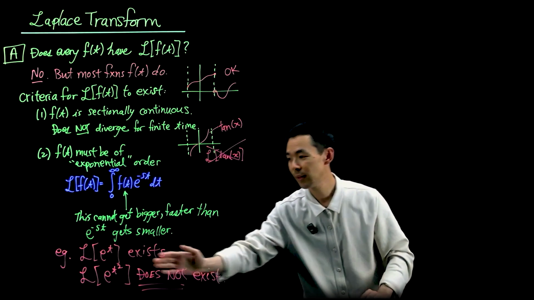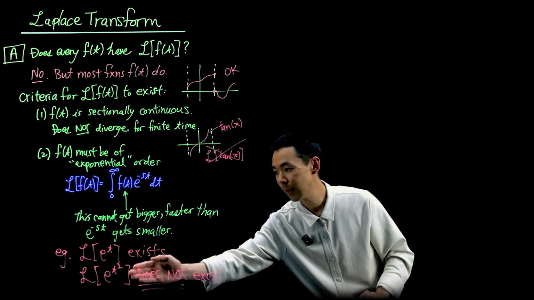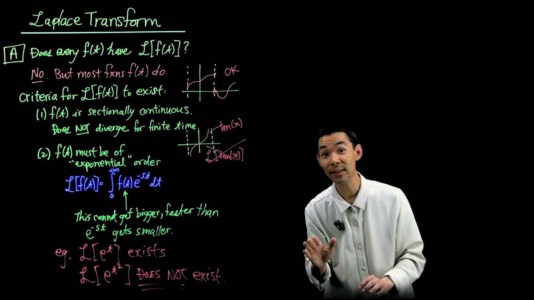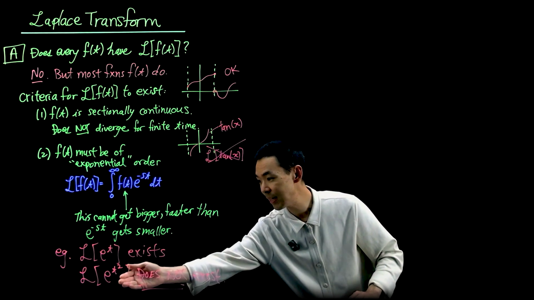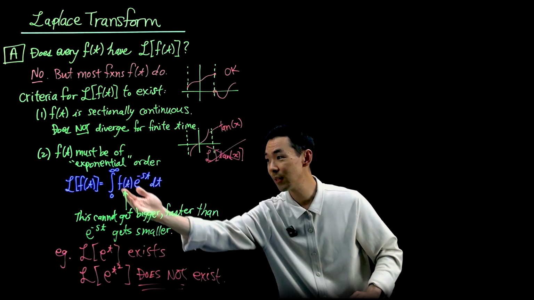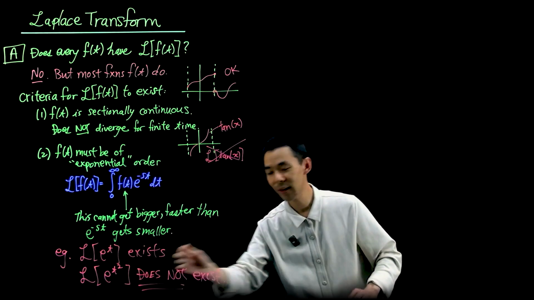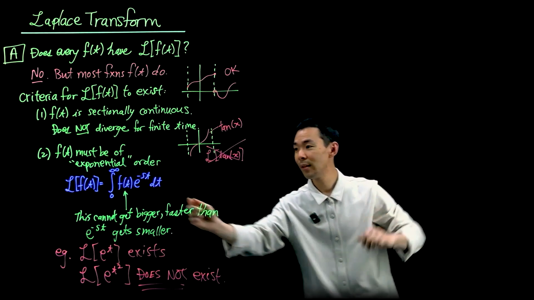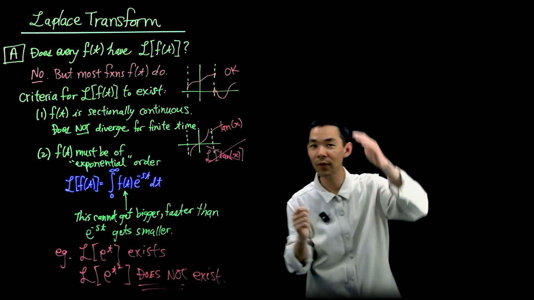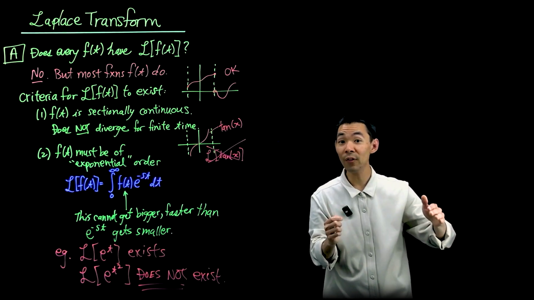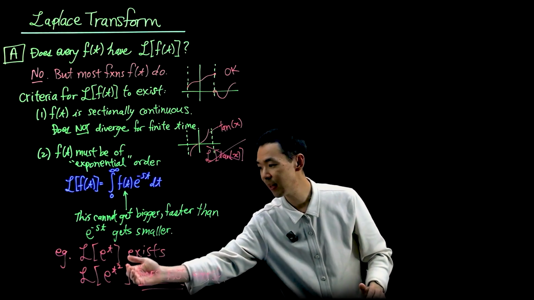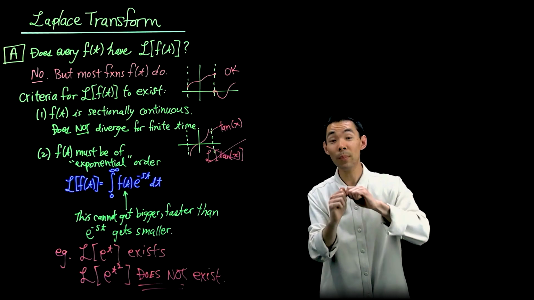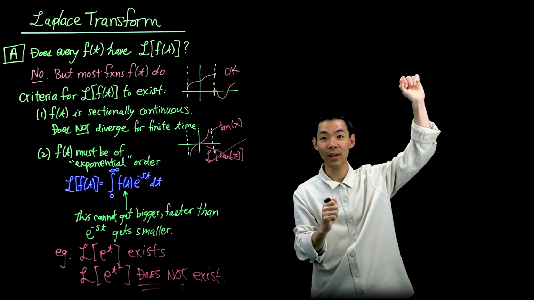In contrast, in the second example, the Laplace transform of e to the t squared does not exist. If you put e to the t squared into this integral, the t squared is going to grow faster than the linear drop of negative st. Therefore, the product of e to the t squared times e to the negative st will be growing as a function of time.